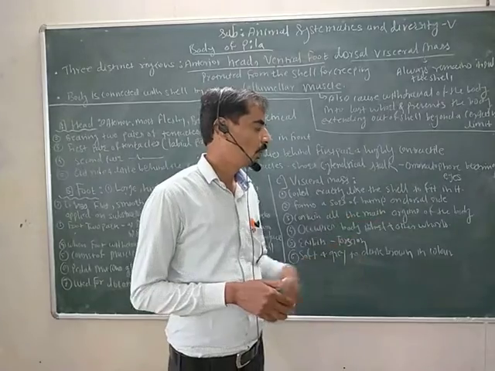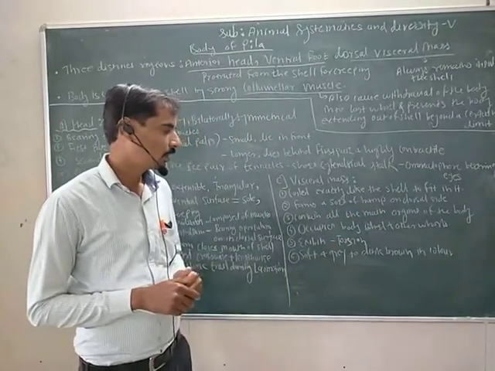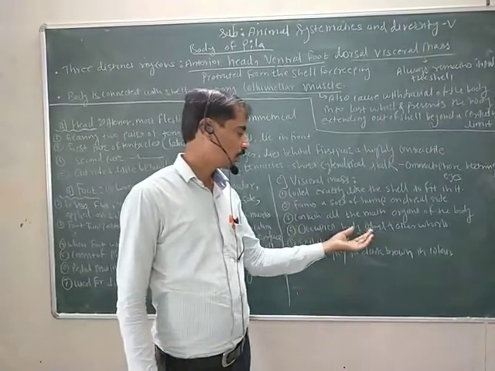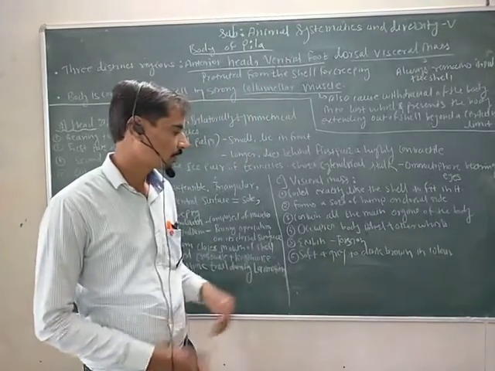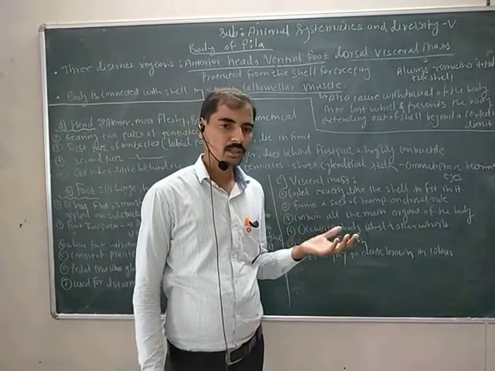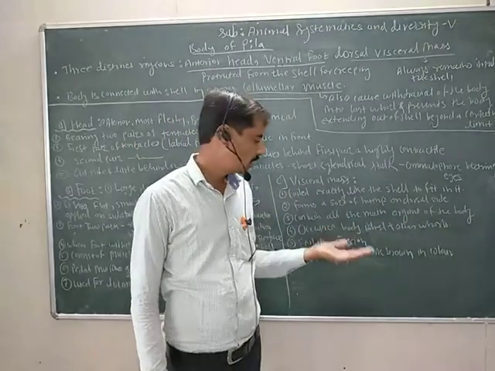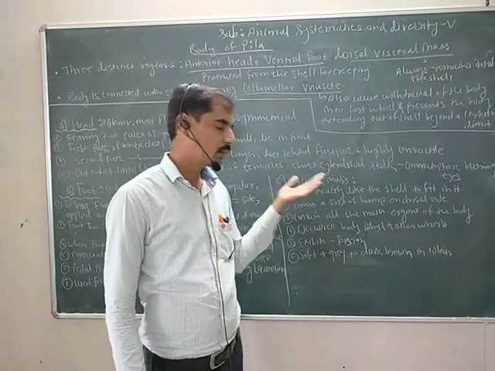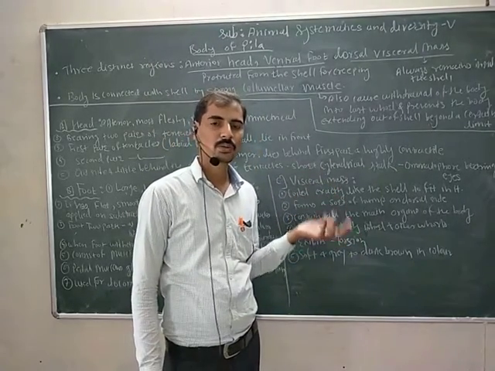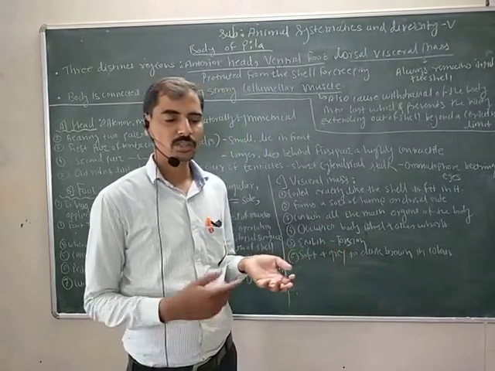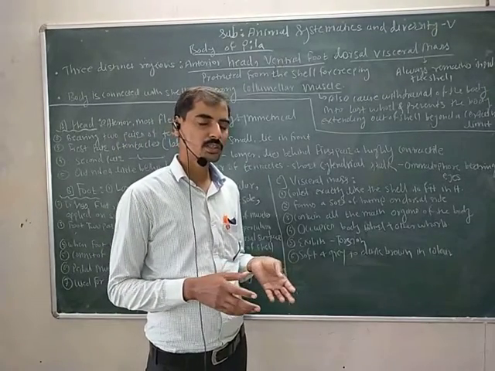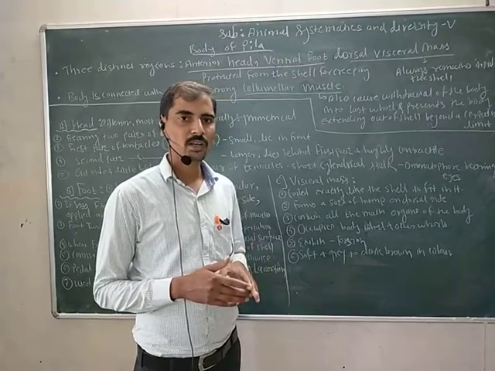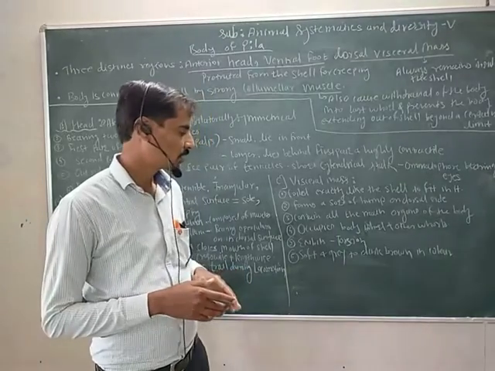all the important or main organs of the body, and it is covered by the body wall. An important mechanism called torsion is exhibited by the visceral mass, and due to the torsion, the visceral mass undergoes coiling and folding, and as a result, the mouth and anus are located on the same side.